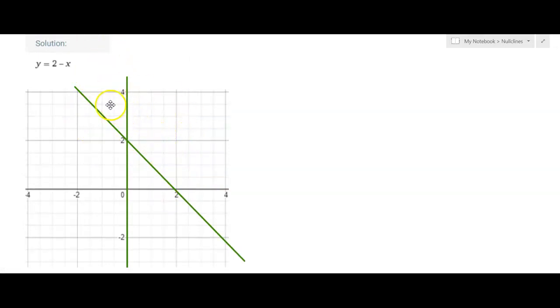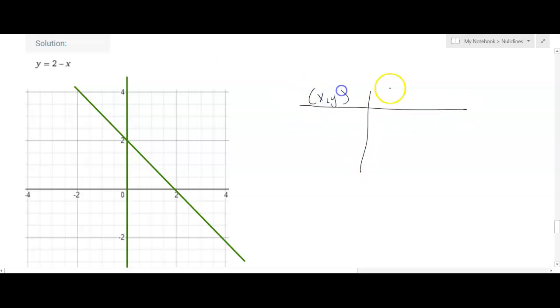I have region 1, region 2, then this region down here, and this region over here. And if I plug those points into my differential equation in each of those 4 regions, and look at the sign of dx dt. Again, the only way for dx dt to change from positive to negative is to jump across one of those Nullclines.